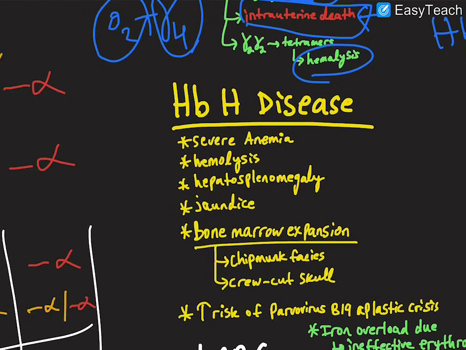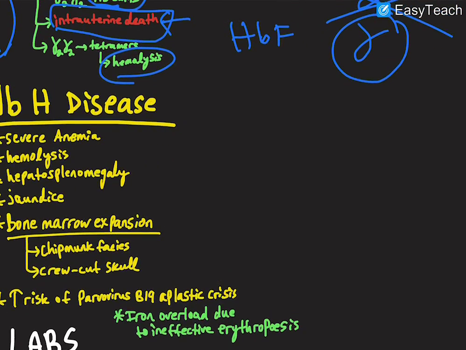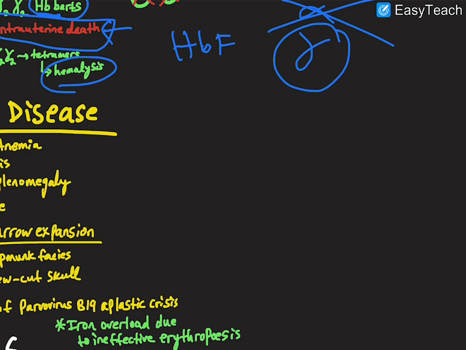Okay, well, let's talk about this for a moment here. So again, in hemoglobin H disease, you have 3 alpha genes deleted. If you have 3 alpha globin genes deleted, you normally have 4, right? So one functional alpha globin gene is not enough to form an adequate amount of alpha globin chains.